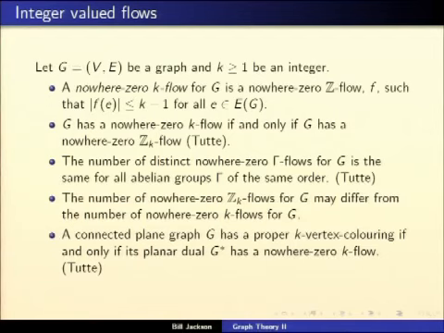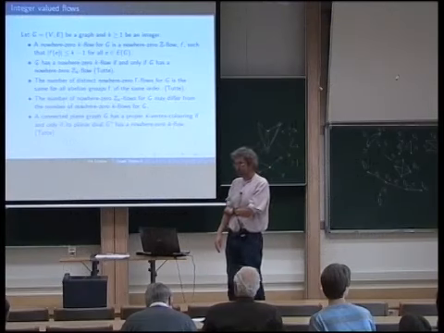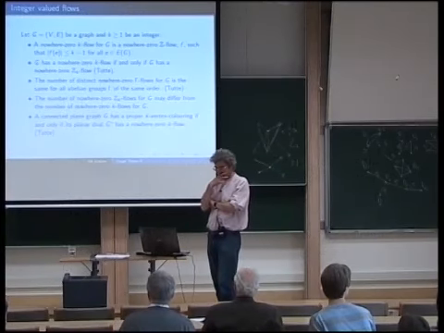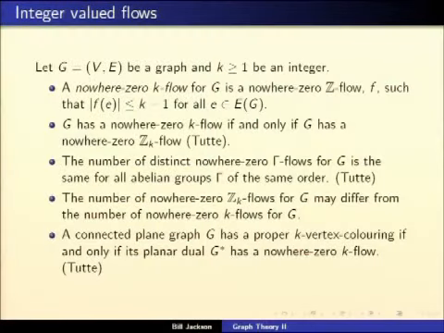And here there is essentially a bijection, up to some factor of k. There is a bijection if you talk about a Z_K flow. So the bijection works for mod K flows. It doesn't work for integer flows.